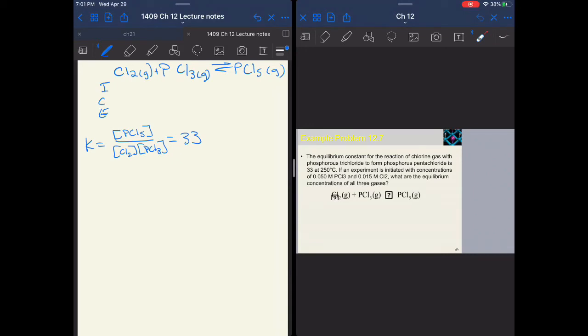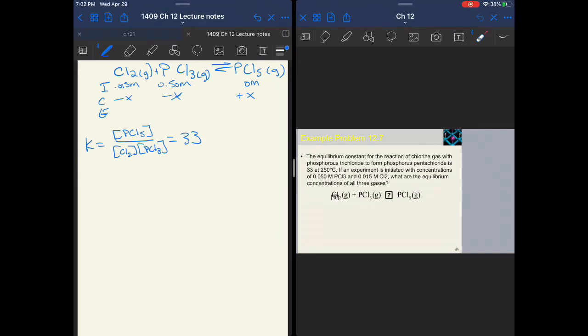Okay, now let's fill in our ice table. Now we don't have the same concentrations for both. We have 0.015 molar Cl2, and we have 0.05 molar PCl3. At the beginning, we don't have any PCl5, and so that'll be 0 molar. The change, because this is 1 to 1, will lose the same amount of Cl2 and PCl3, and since it's all 1 to 1, we'll only gain 1x PCl5.